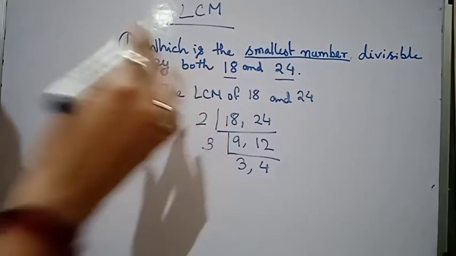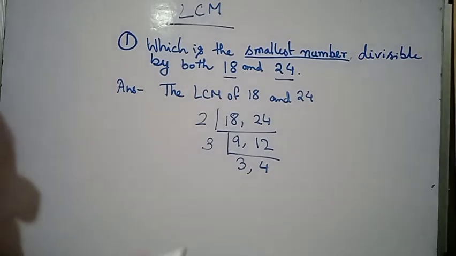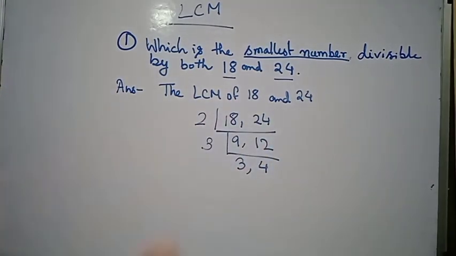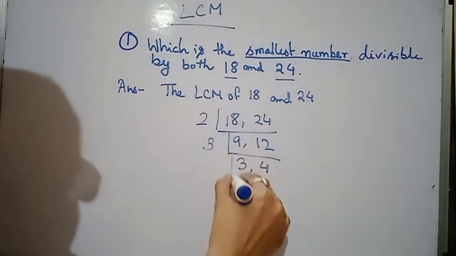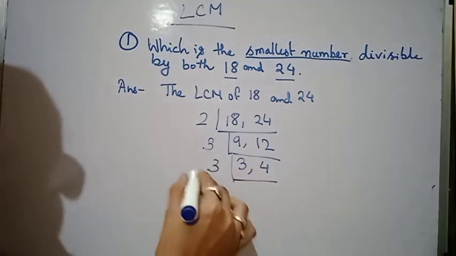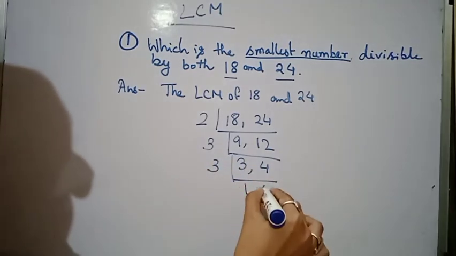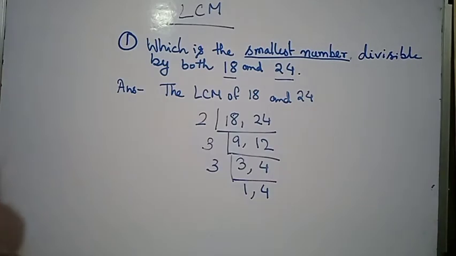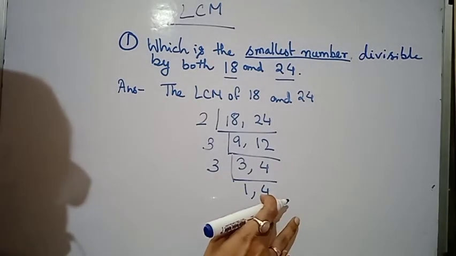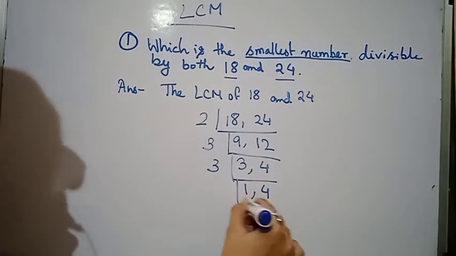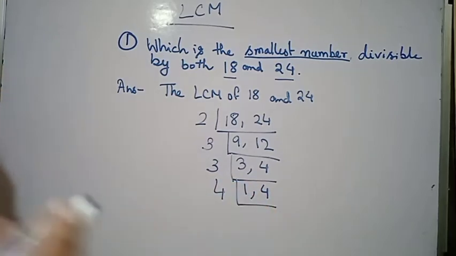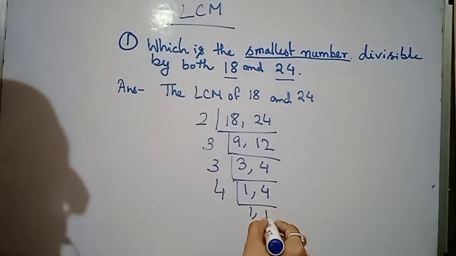Now as we are finding the LCM, we will divide these two numbers also. First I am dividing by 3, 1 and 4. 4 cannot be divisible by 3, so I am writing this 4 in the next step also. Here I will divide 4 by 4, and that will be 1 and 1.